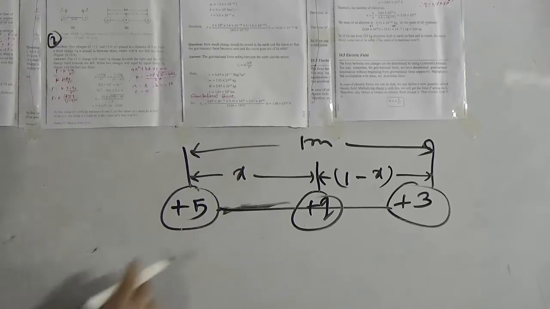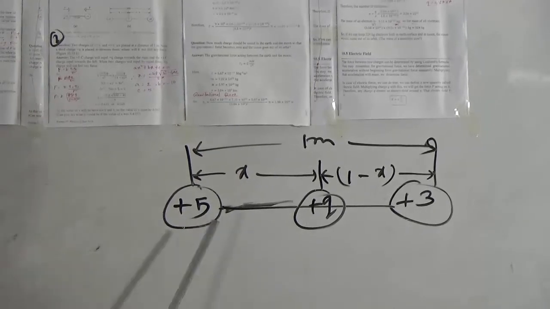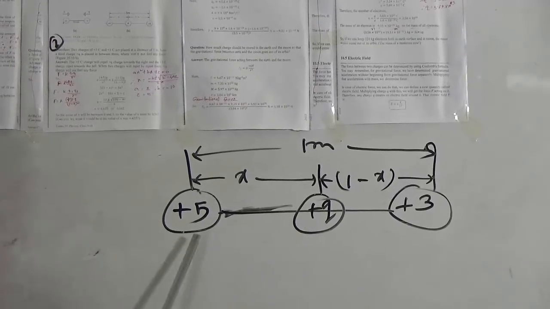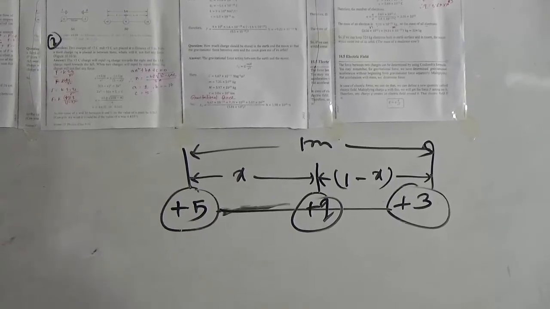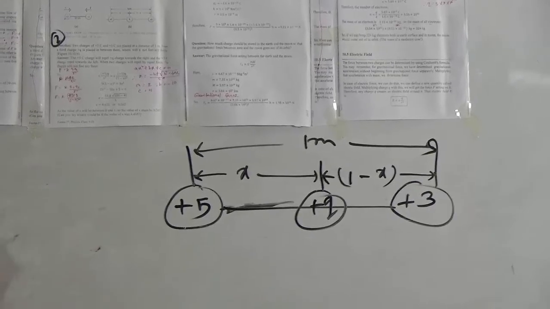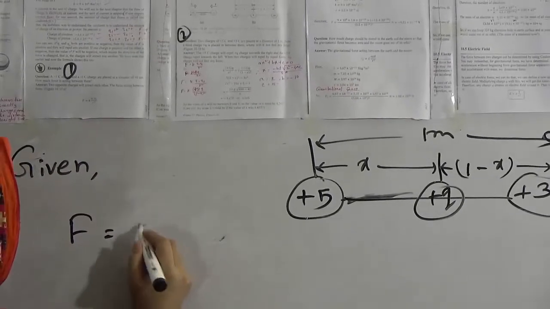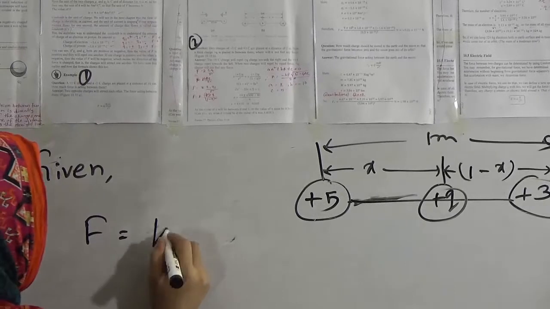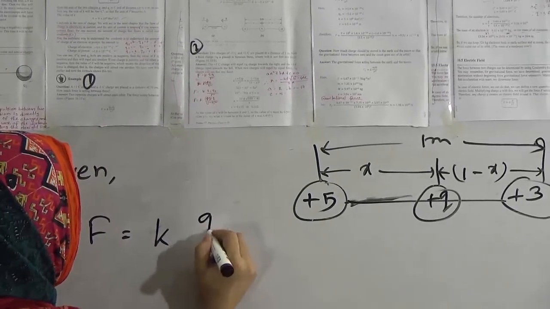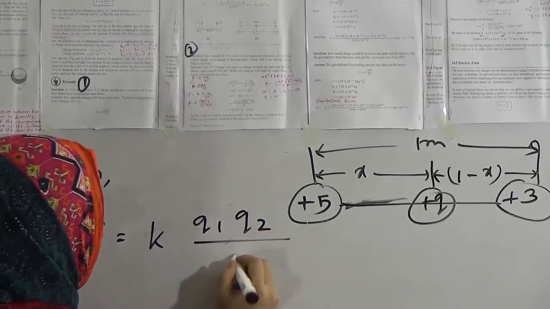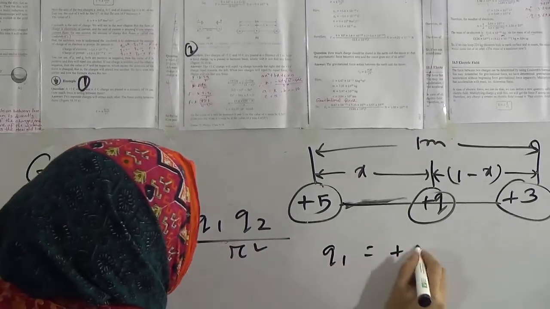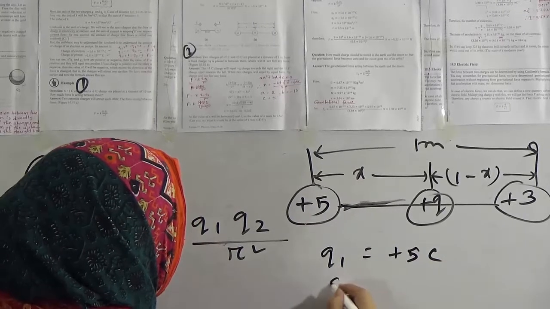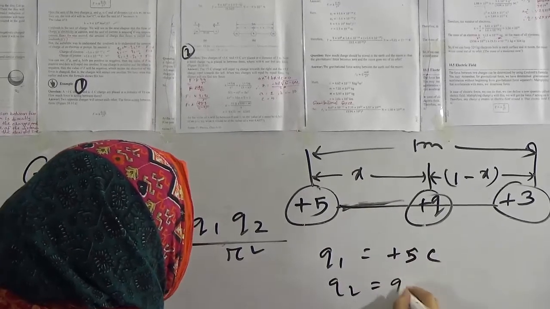Now from Coulomb's law, we have to find out the force between the plus 5 Coulomb charge and the plus Q charge. F equals K Q1 Q2 divided by R square.